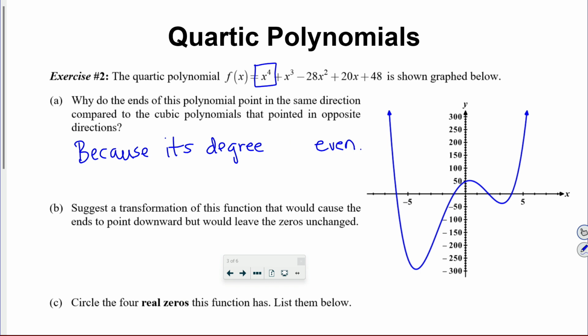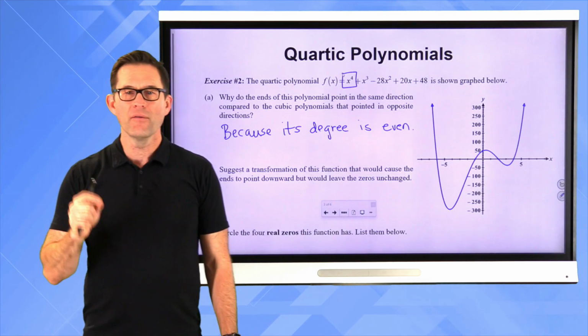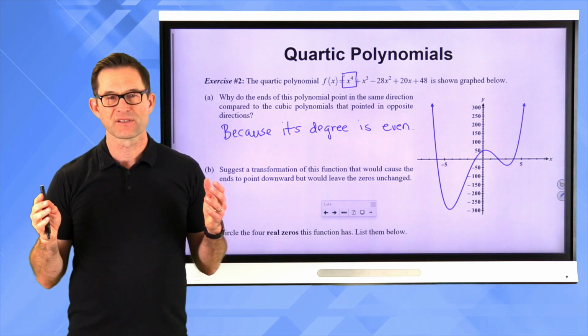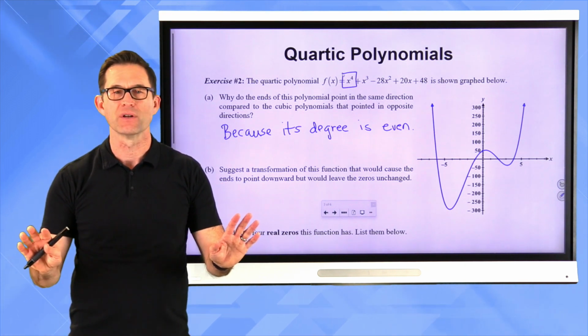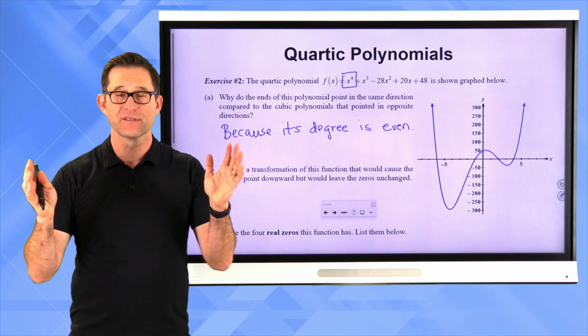And again, we should feel comfortable with why y equals x to the fourth, just that power function, has ends that point in the same direction.